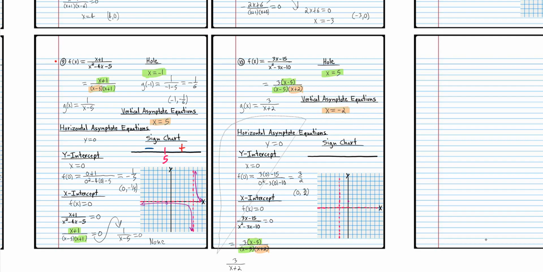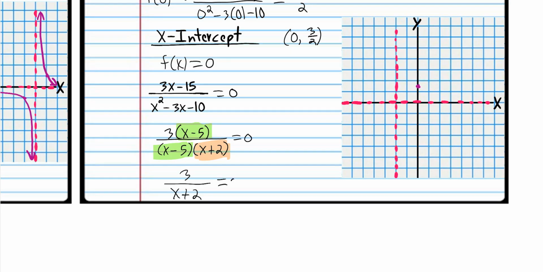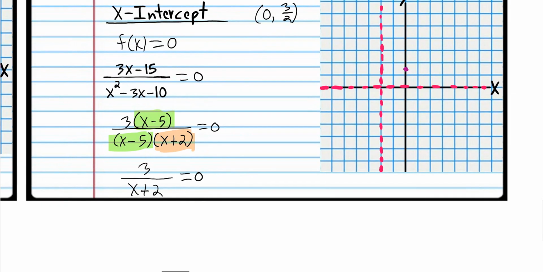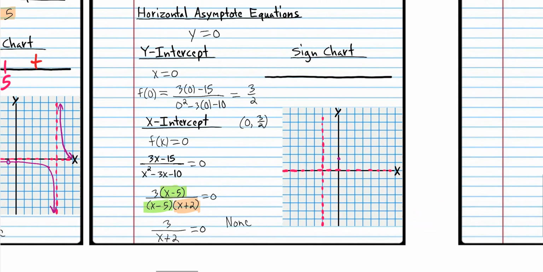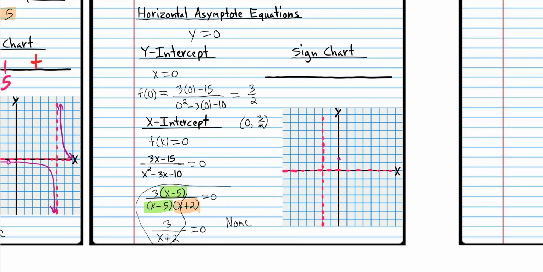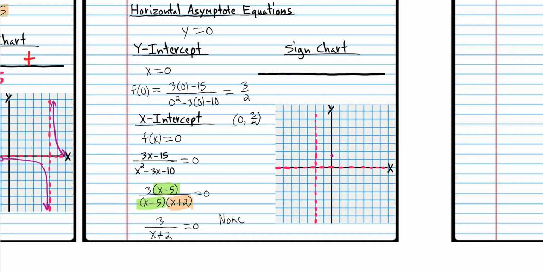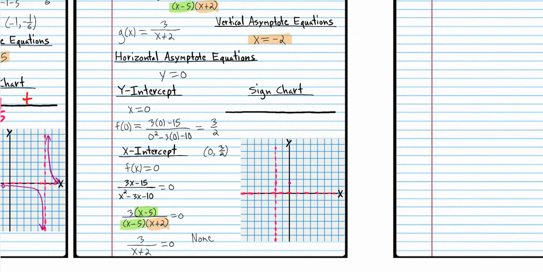Let's move this up. And so you can see here, there's no x value that makes this expression 0 once we cancel out the common factor. Again, we can't plug in 5 because that'll just make the expression 0 divided by 0. That's not the same thing as an x-intercept.